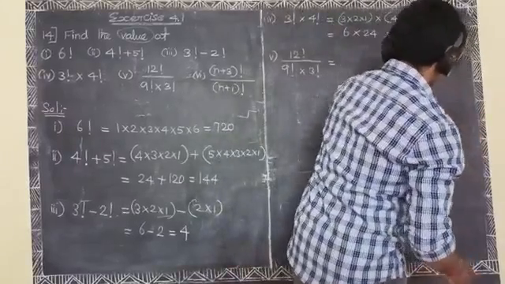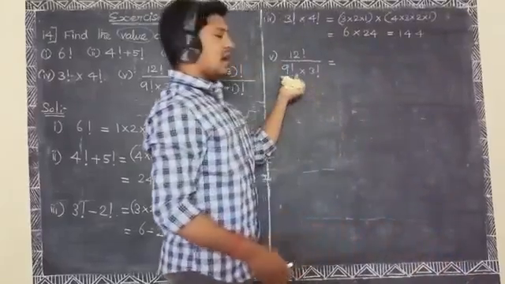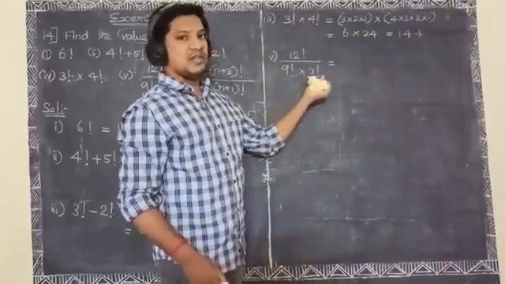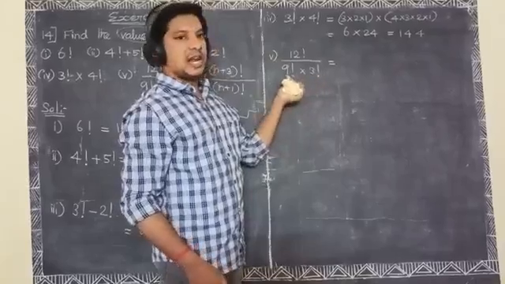Here the denominator has 9 factorial into 3 factorial, whose greatest number is 9, okay, 9 factorial.